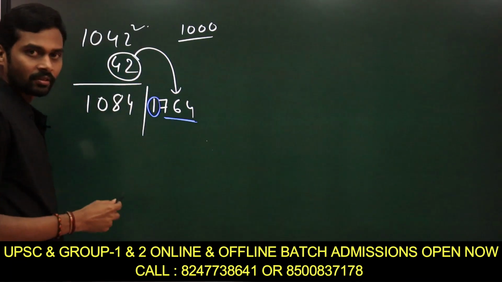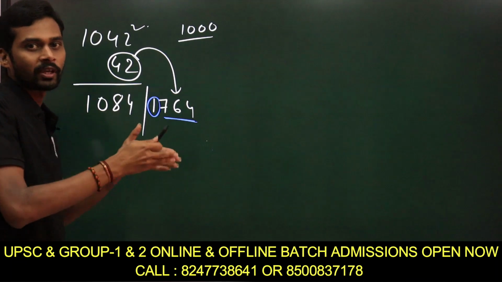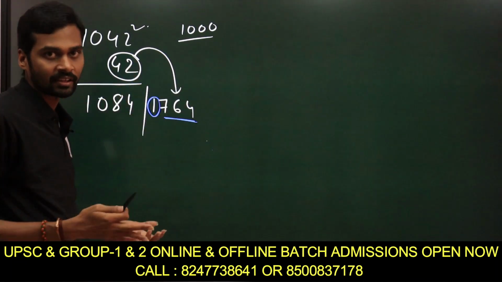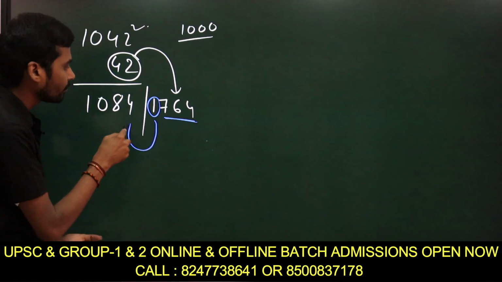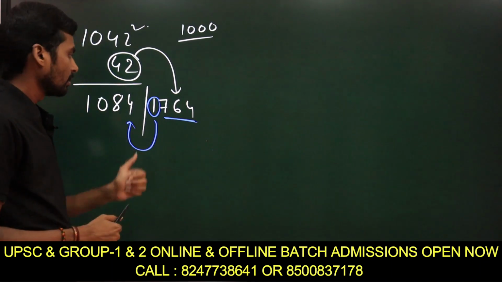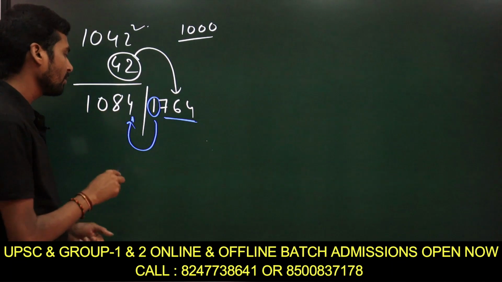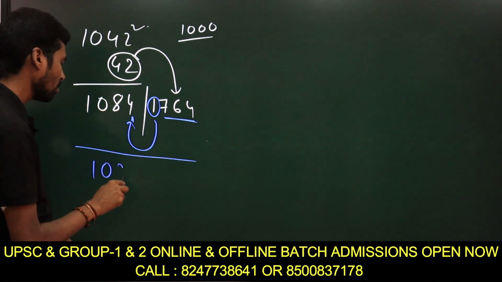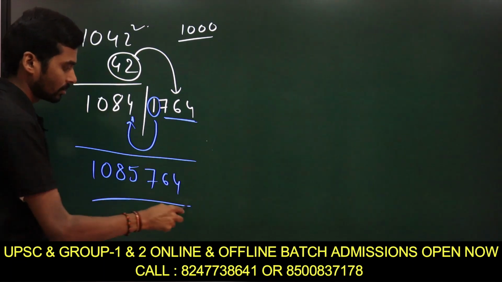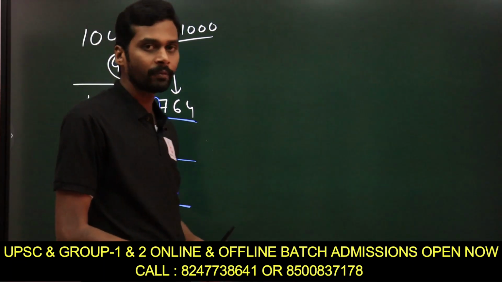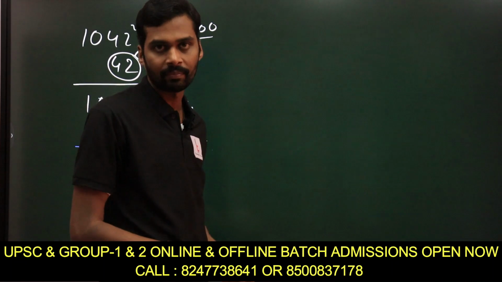So we can have 1 extra digit, 2 extra digits, 3 extra digits, no matter how many extra digits we have, simply add the extra digit to the previous term. So that 1 must be added to the previous term. Then it becomes 1085764. Is it clear? It is very simple, so we can find out any square number.